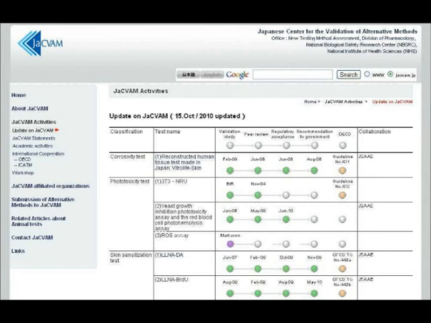So if we look here, we can see that yes, it's got a skin sensitization test and the corrosive test that we've looked at, and in the middle it's got phototoxicity, and it kind of gives timelines on their progress. So looking at the phototoxicity test timeline, we can see it goes through several stages.